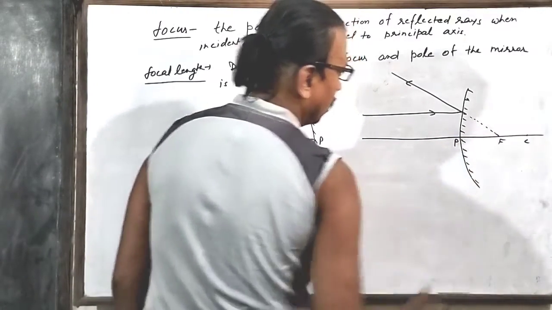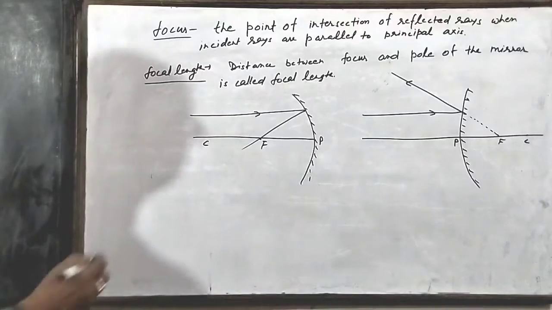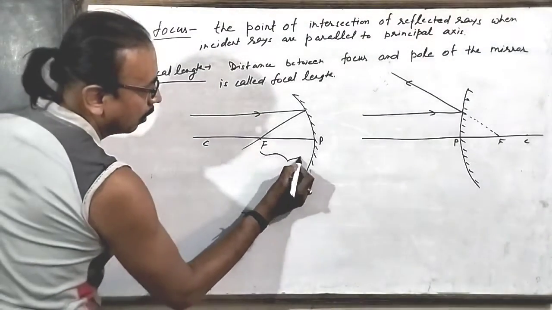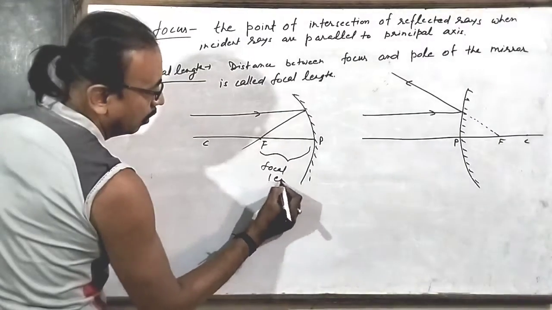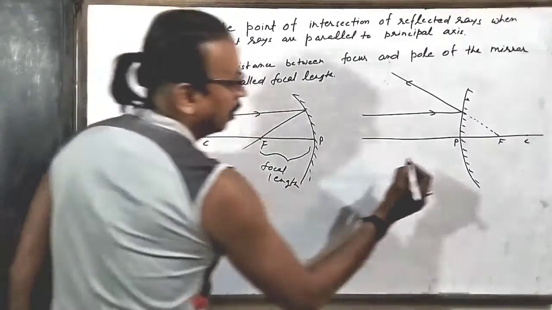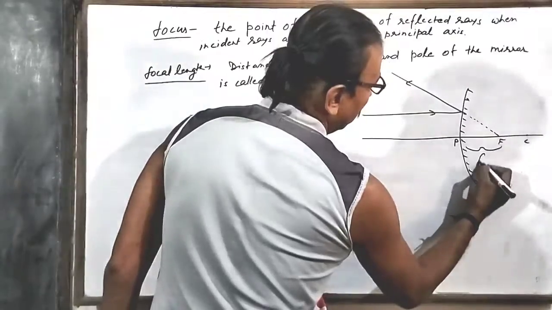This focus, and this length is called focal length. Here, this is focal length, F.